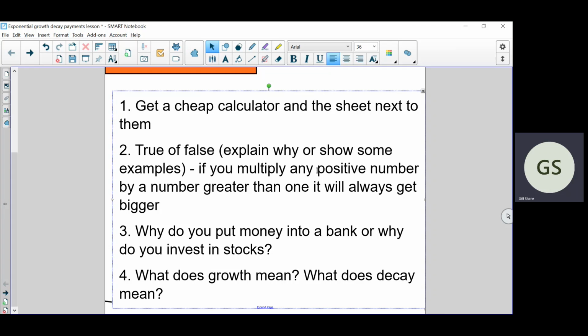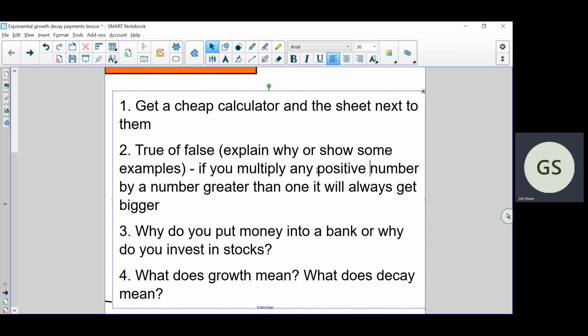Any positive number times 1 is what? 1 itself, the same number, right? So if you multiply any number times 1, it's itself. If you then increase that number 1, even by a teeny tiny bit, when you multiply them, that will make the other number get bigger as well. So the answer I wanted was true, but because of negative numbers, it would have been false for those of you that used that instance.